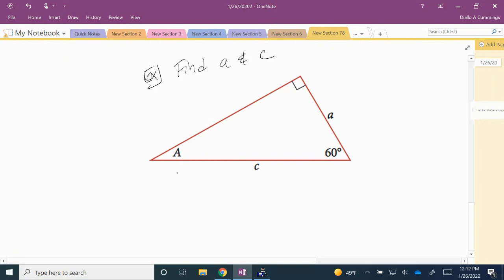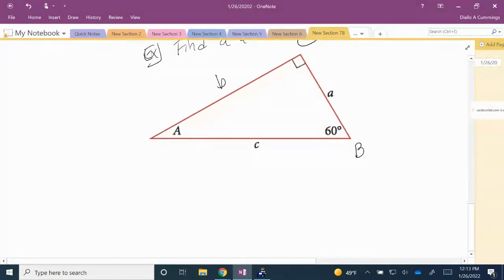I have angle A. The side that's opposite angle A is side length A. I have side C, so the angle that's opposite side C is angle C. And for my last angle, I have angle B, and the side that's opposite angle B is side length B. Now, you may choose to find side A, you may choose to find side C, but no matter where our starting point is, all of our answers should be exactly the same.